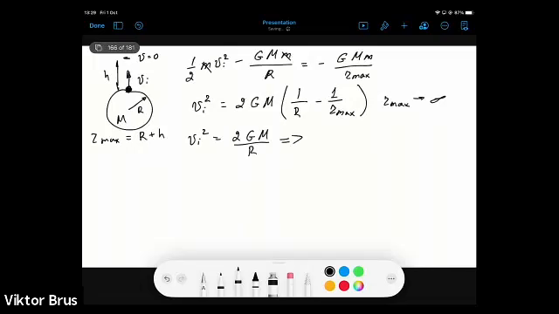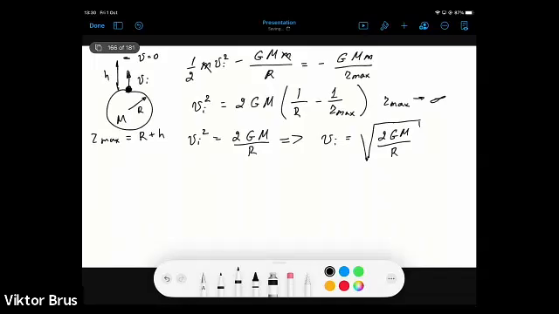As a result, we get the expression for the initial velocity required to be provided to the projectile to escape the gravitational field of the planet, which is the square root of 2 times gravitational constant times mass of the planet divided by its radius.